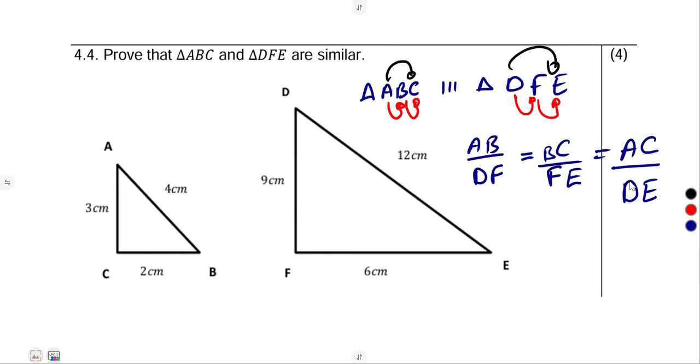We can prove it that way. If this ratio is exactly the same throughout, therefore these are equal.